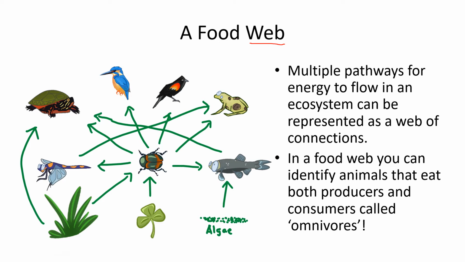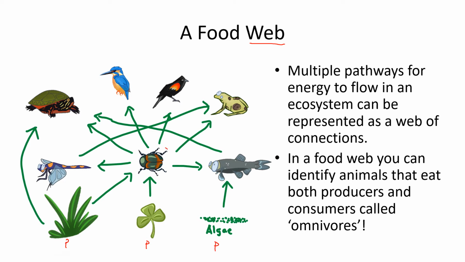And so you can see that energy still starts by being picked up from your producers down here, the algae and the clover and the grass, and then flows to your herbivores and then your carnivores. But with a food web, you can also see that there are organisms that consume more than one type of creature.